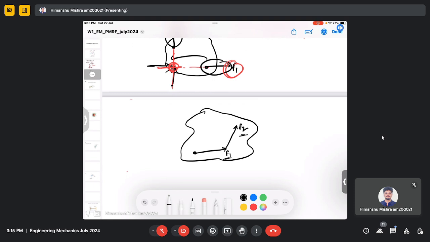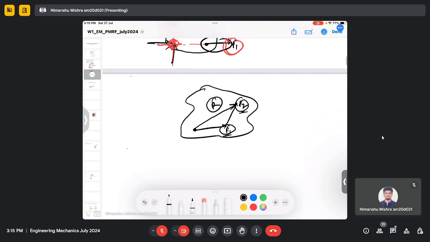Due to these two forces, there will be a resulting force R which is acting on the body. This resulting force is the total force acting on the body, and it is due to the contribution from F1 and F2. So this is the overall resultant force acting on the body from the forces F1 and F2.